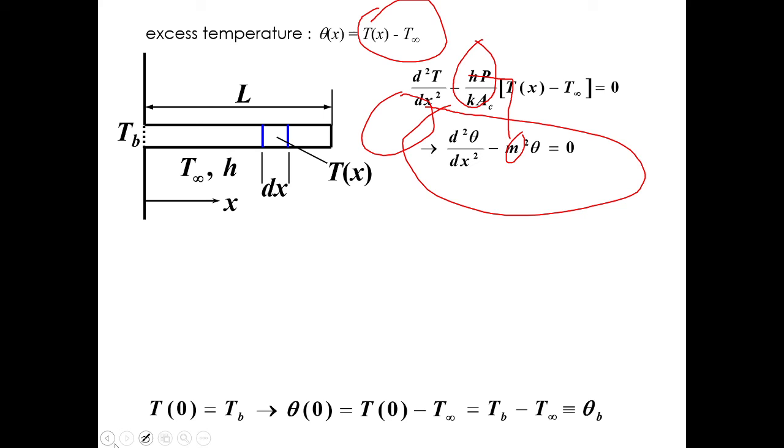After simplifying that second-order differential equation, we get the solution θ(x) equals C1 e raised to the power minus mx plus C2 e raised to the power mx. In a second-order differential equation, we assume the characteristic equation, 1 minus m² equals 0.